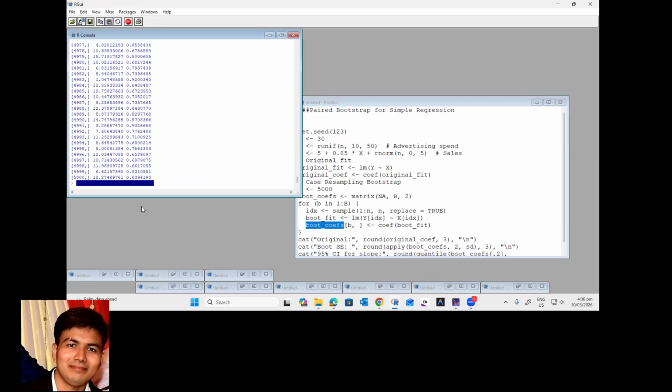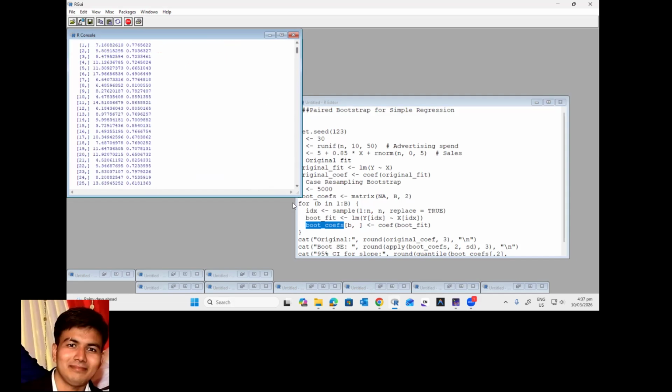I just try it, whether I'm right or not, I don't know. I check the mean of the bootstrap coefficients. What is the name of the column here? Comma 1, comma 2.